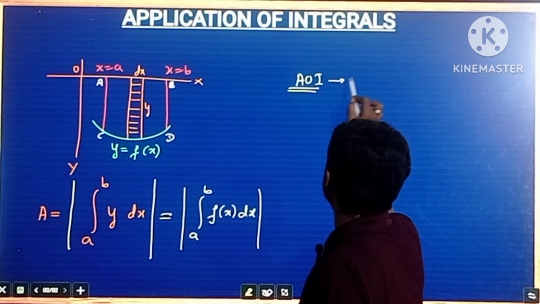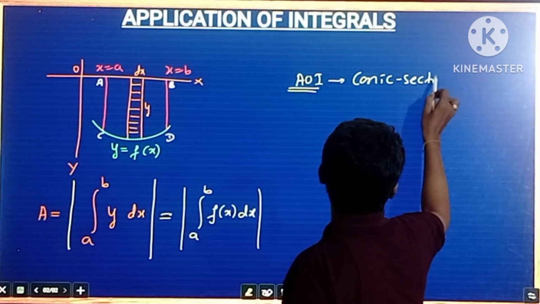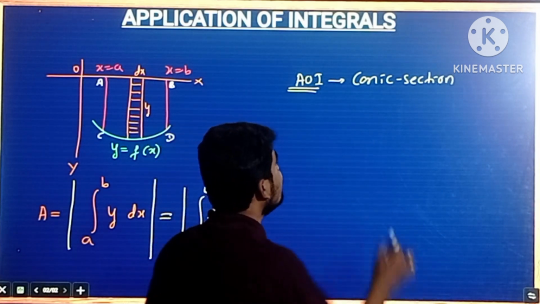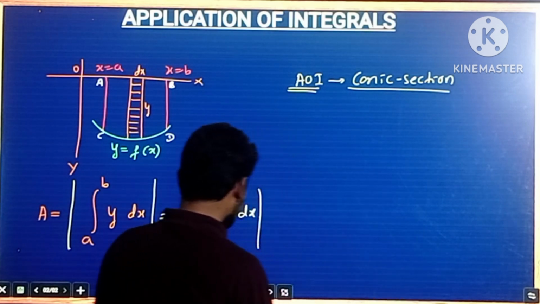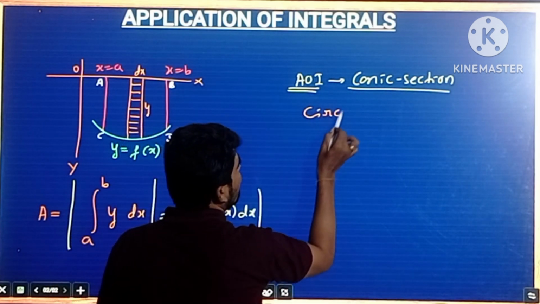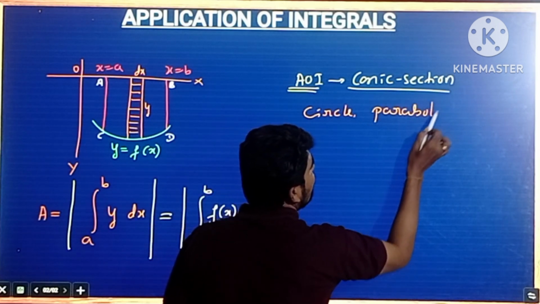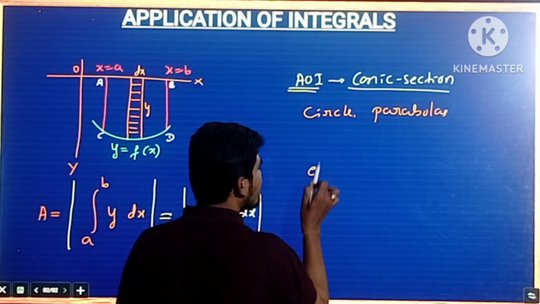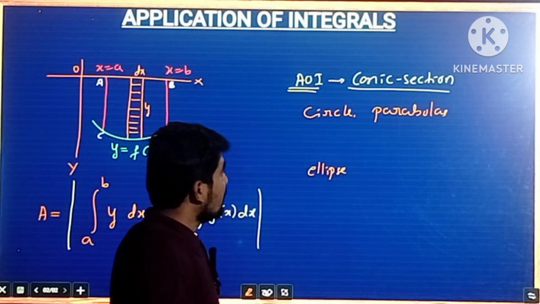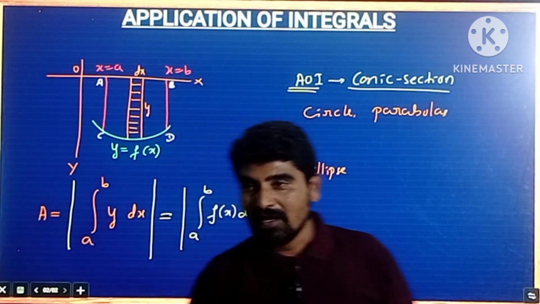That is conic sections. In that chapter, you learned circles, parabolas, ellipses, and hyperbolas. But for this chapter, circle, parabola, and ellipse are enough.